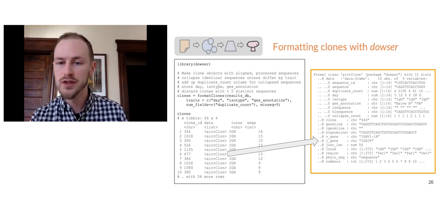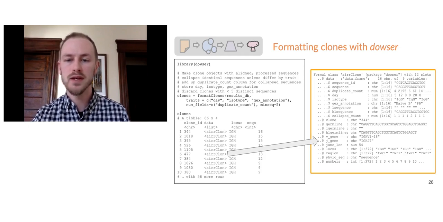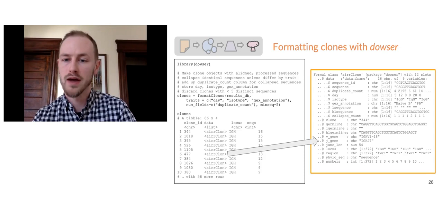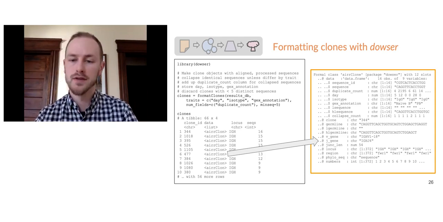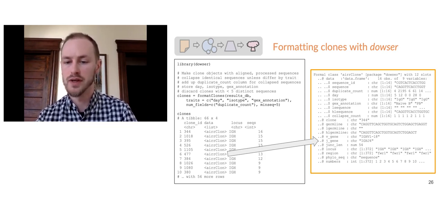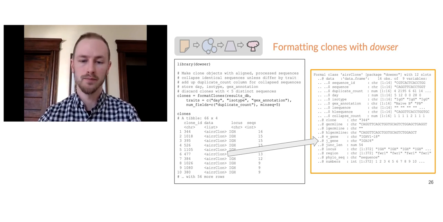We can see that it's just one big data frame that has the sequence ID, the sequence information itself, as well as the metadata columns that we specify in format clones, such as day, isotype, expression annotation, and the number of sequences that were collapsed to this identical sequence. It also contains some information about the clone, such as the V gene, the J gene, the junction length, and other information such as the IMGT numbering.